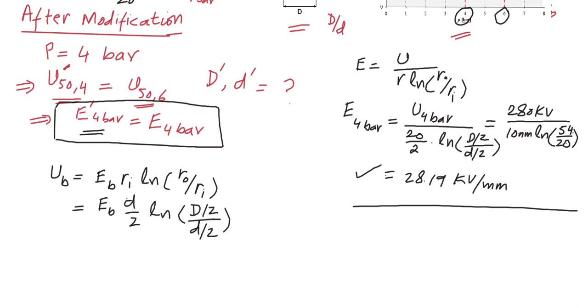The divided by 2 cancels, so we can simply write it as capital D by small d.